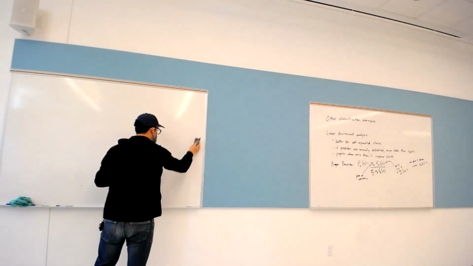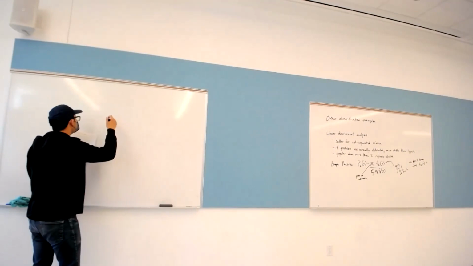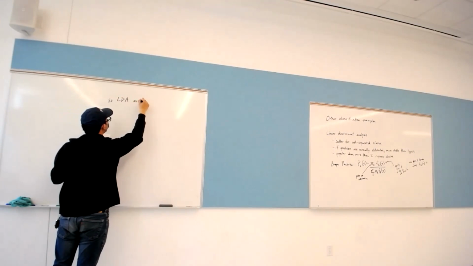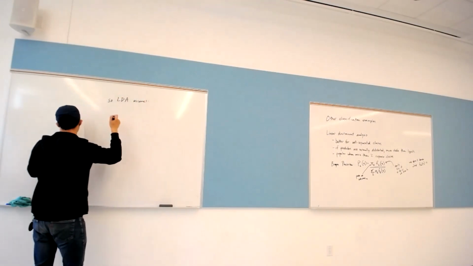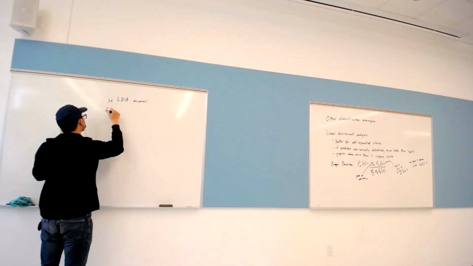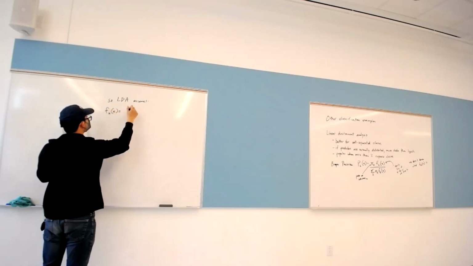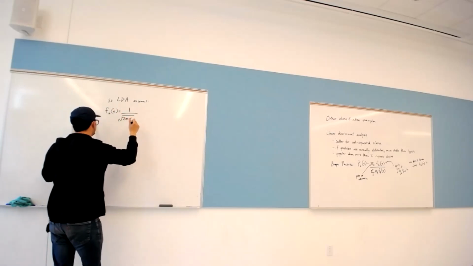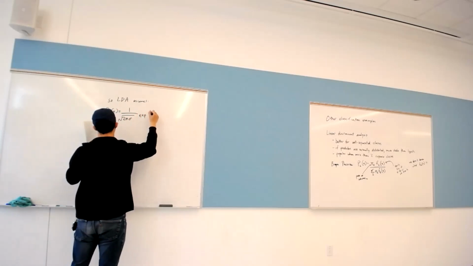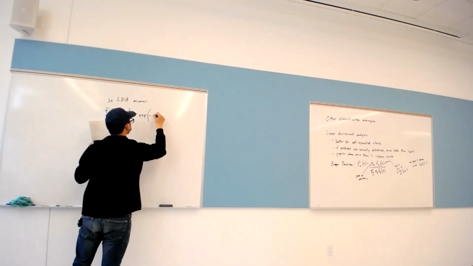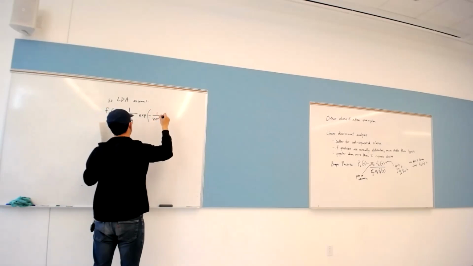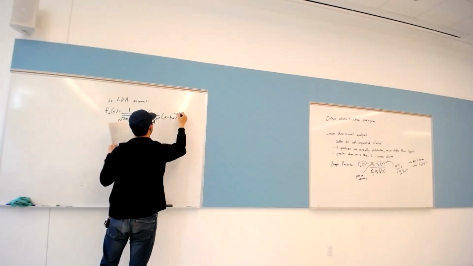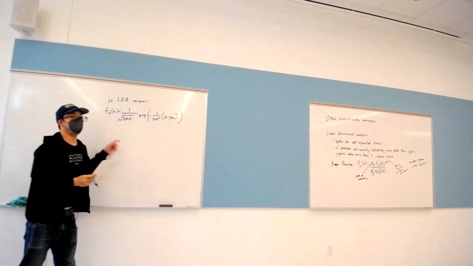So LDA simplifies this by assuming f_k(x) equals 1 over square root 2 pi sigma times exp. Okay, who can tell me what this is?